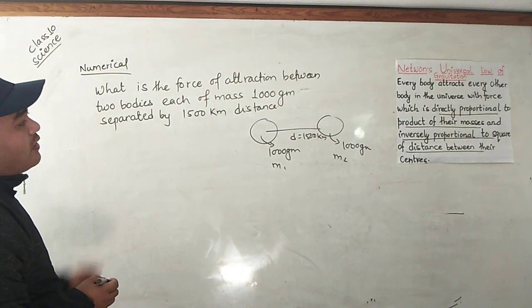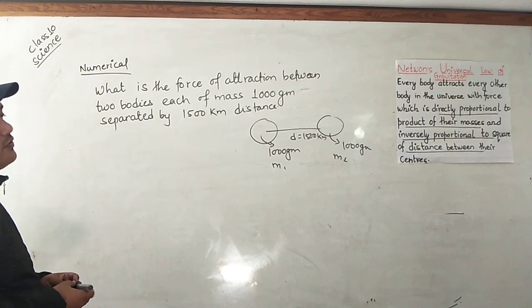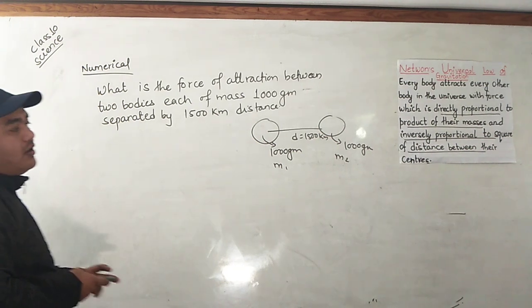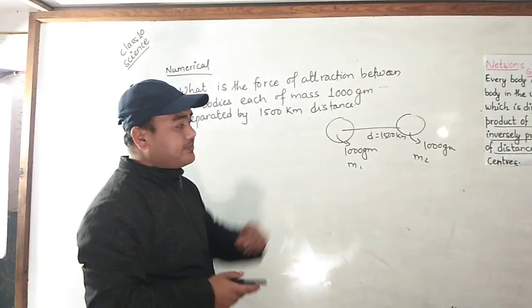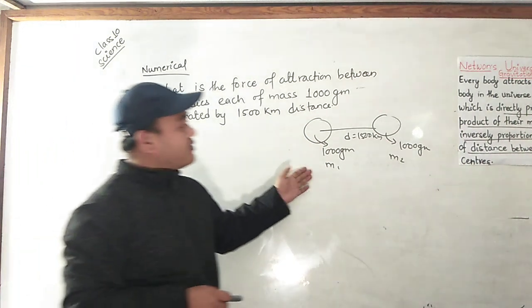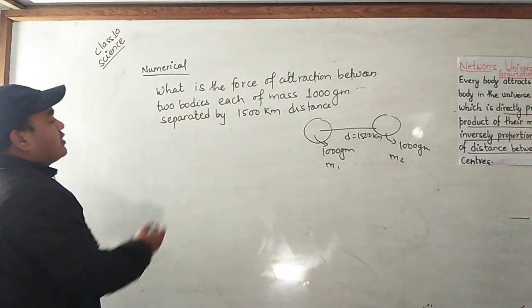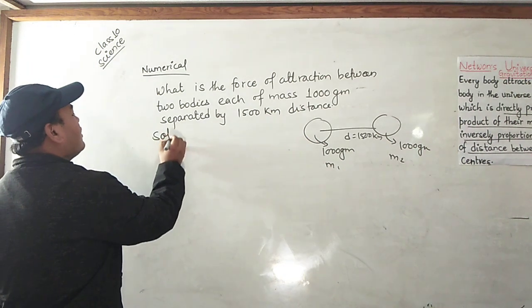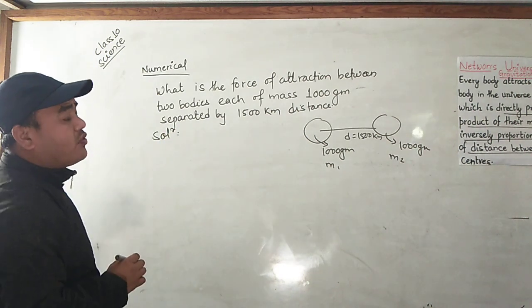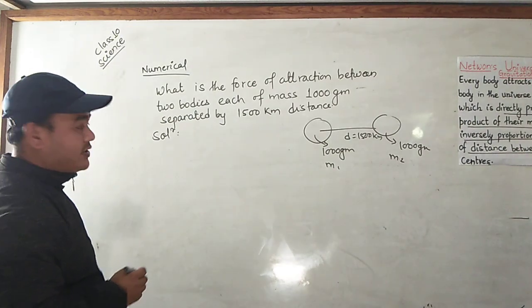Okay, while solving a numerical, we have to remember that we have to convert all these units into SI units. Here mass is not in SI unit, distance is also not in SI unit. So first of all, our duty is to convert all these given values into SI units.